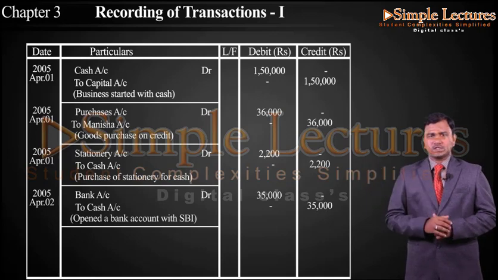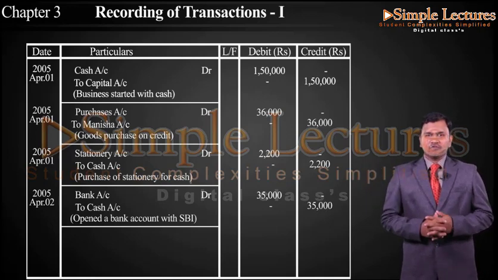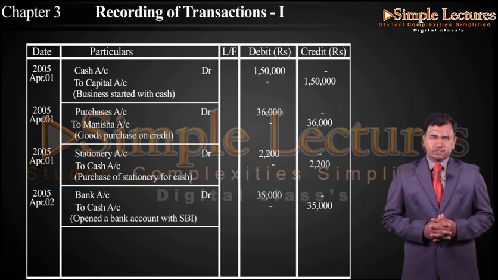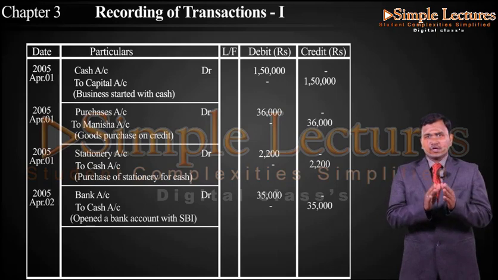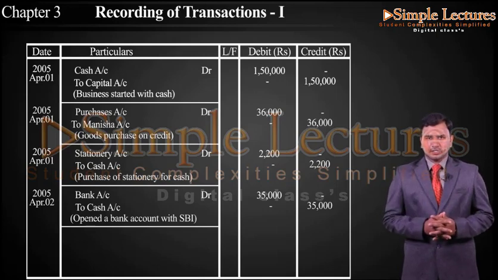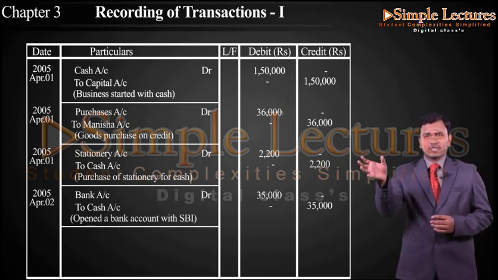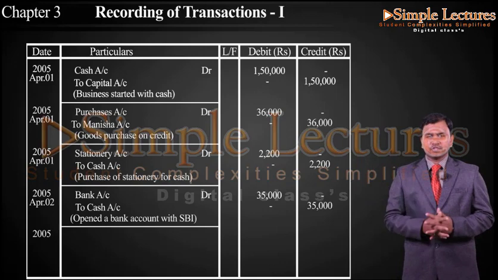Let us come to the next transaction, which is on 2/4/2005, open a bank account with SBI for rupees 35,000. Where the bank account is opened with cash of rupees 35,000, you can concentrate here. The cash is going outside the organization and it is deposited into the bank.